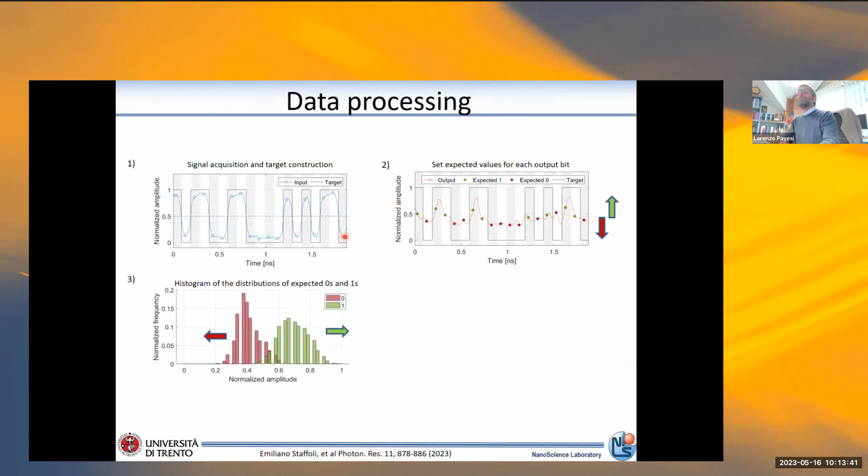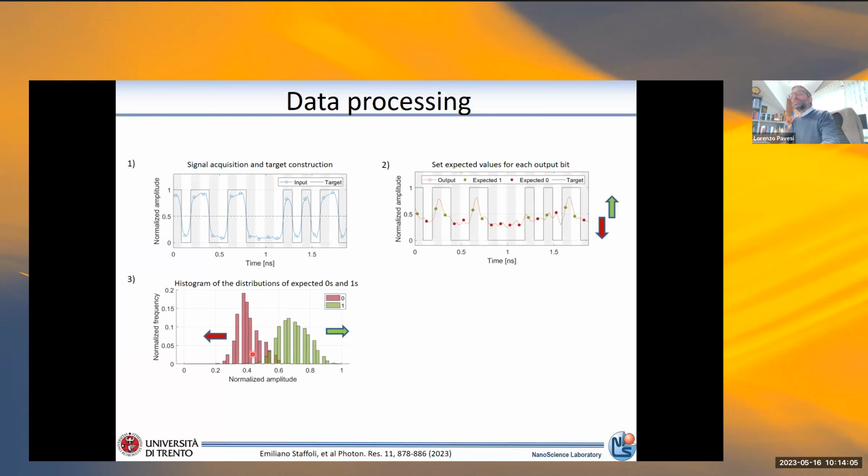So the problem is that when an optical signal goes through 100 kilometers of fiber, we get intersymbol interference, which means that if we look at the histogram of the ones and of the zeros, the two histograms overlap.